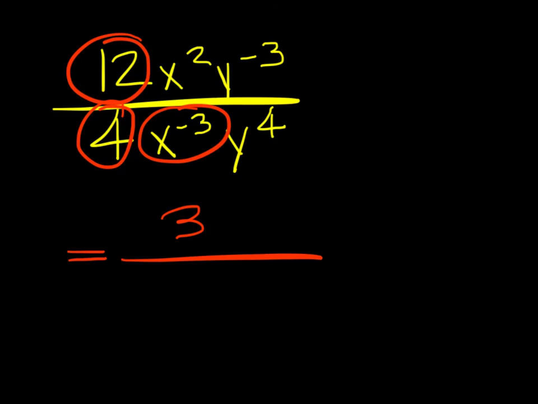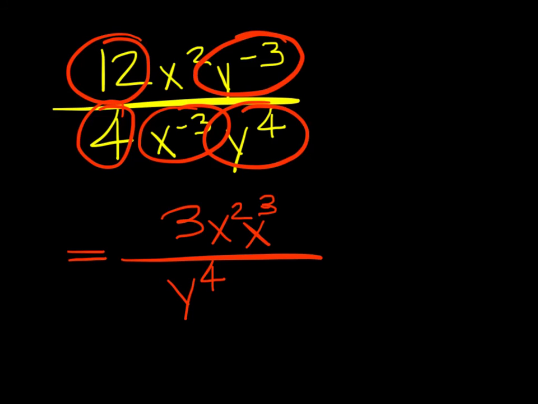Now you have an x to the negative third from the bottom that's going to the top. The x to the second that's on the top stays there, and the x to the third joins it. It was negative, now it becomes positive. On the bottom you have y to the fourth. It stays there, but this y to the negative third will join it and become a positive exponent.